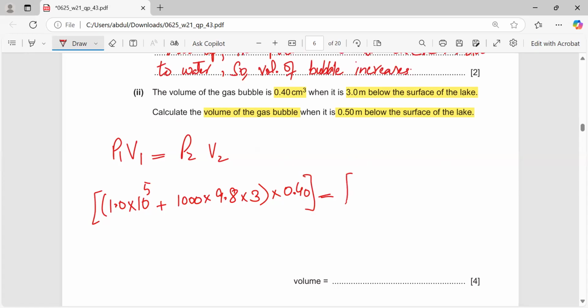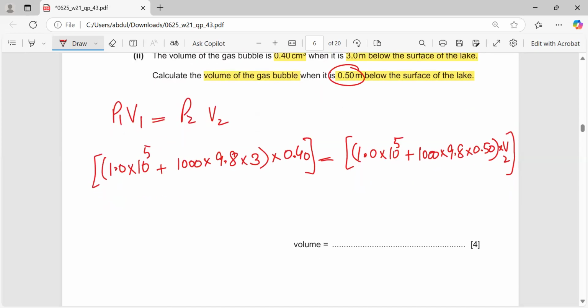Again, the pressure of the atmosphere is there, which is 1.0 times 10 raised to power 5 plus rho g h. 1000 is density, 9.8 is the value of g, times the depth, which is now 0.5, times V2, which we need to find out. I have done it, of course, and when we apply these calculations, we get the final value of V equal to 0.50.